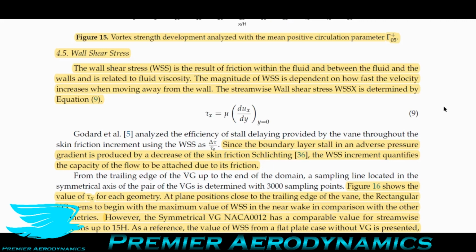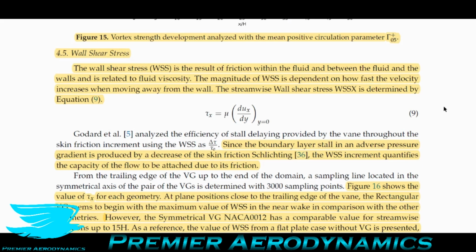The streamwise wall shear stress is determined by equation 9. So it's equal to the viscosity, times the derivative with respect to the distance away from the wall of the u velocity. So it's quite simple. It's just how quickly the velocity is increasing away from the wall times the viscosity.